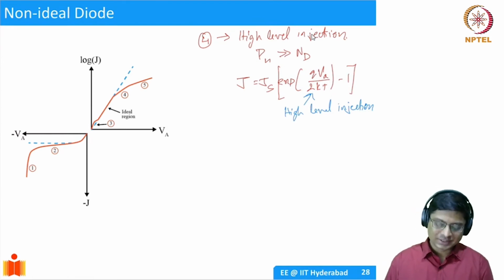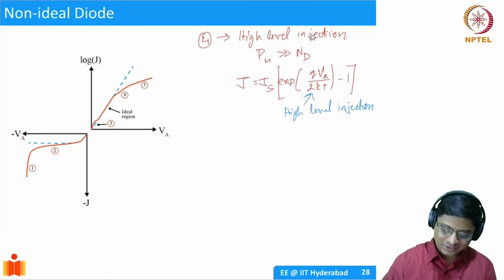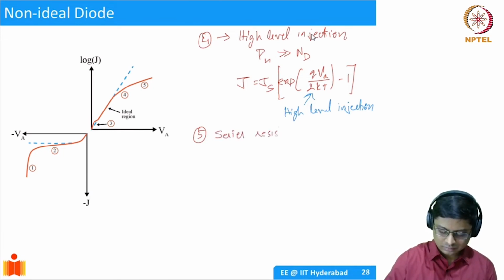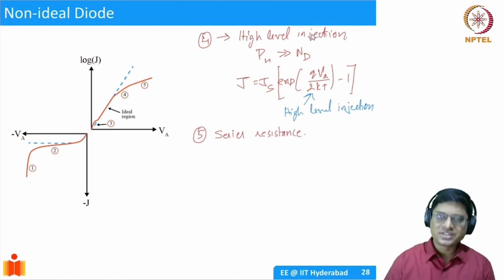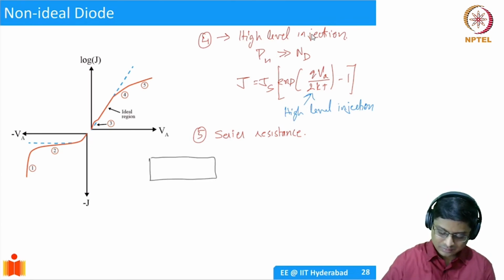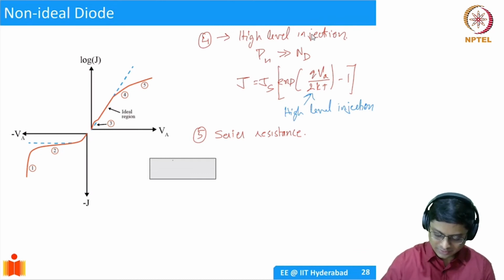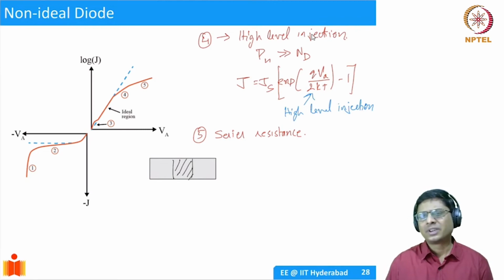The last non-ideality we can talk about is what is called series resistance, or rather, not high series resistance, just series resistance. Well, we have a PN junction, right? Let's say you have a PN junction of this form and you have a depletion region. We always worried about the junction carrier dynamics.